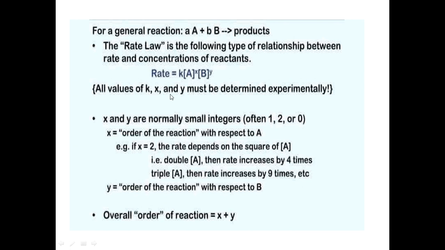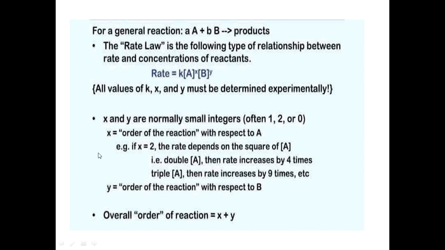The k, x, and y are all values which can be determined by experiment. The x and y are normally small integers. As we said earlier, they are called the orders of the reaction, and they define how much the rate depends on the reactant concentration.